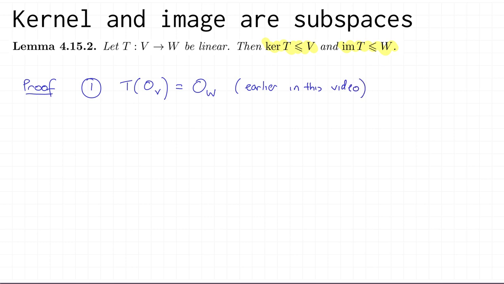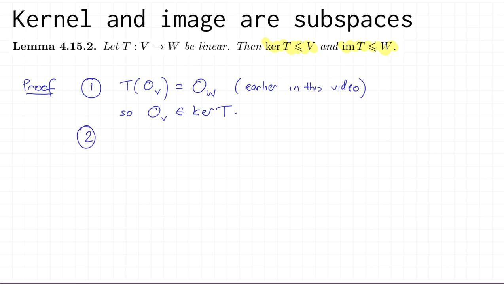So what that tells you is that the 0 vector in V is in the kernel of T. Remember, the kernel is all the things which T sends to the 0 vector in W. So this tells you that T sends the 0 vector in V to the 0 vector in W, and therefore the 0 vector in V belongs to the kernel. So that's the first part of being a subspace. You've got to contain the 0 vector.